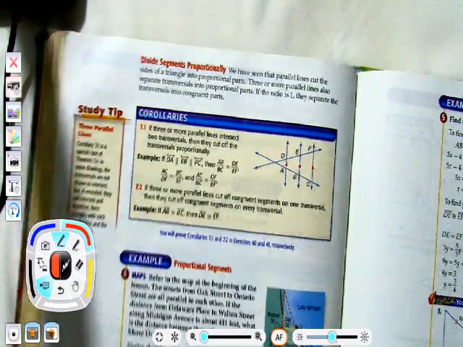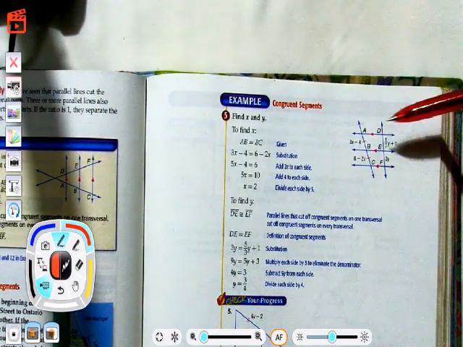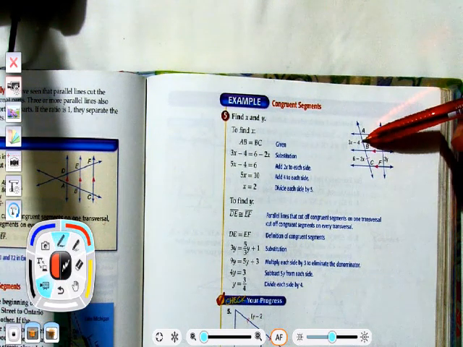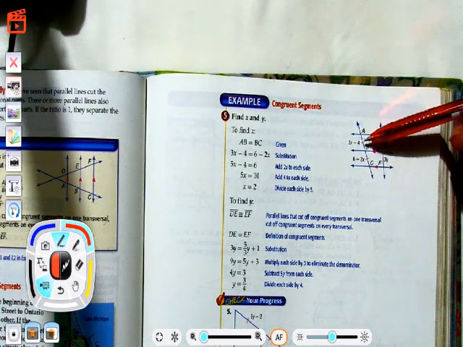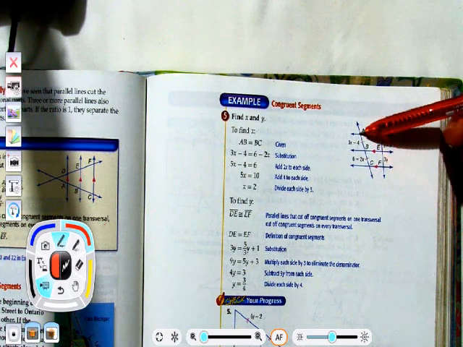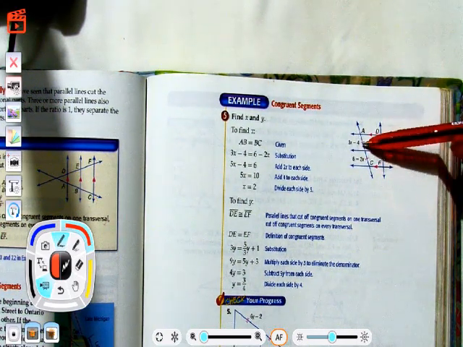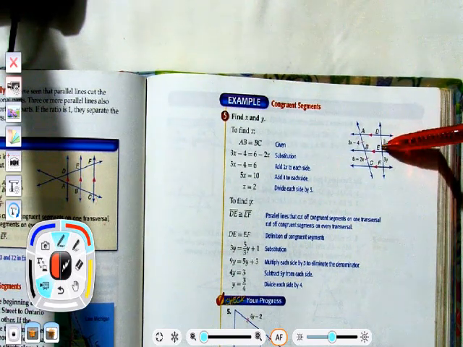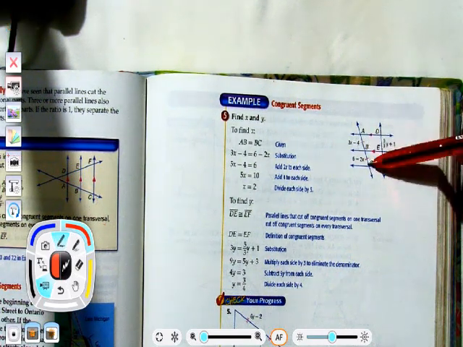Okay, so here you see only one side has a given indicator that they are congruent. So that means this over this is equal to 1 because this is equal to this. So if these lines here are parallel, then the same property applies to the other side. So even though they're not given to be congruent here, it follows already that they are congruent because the other side is congruent.